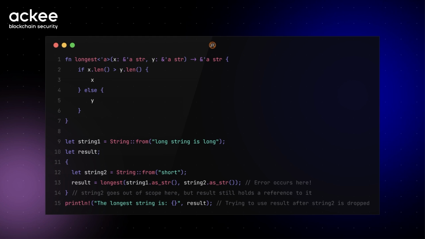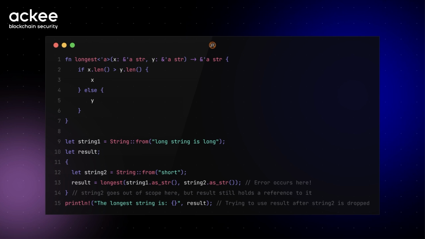Because on line 15, we would like to access or print the content of the variable result, but the result variable already went out of scope, because the return value of the function called longest has also specified this lifetime.